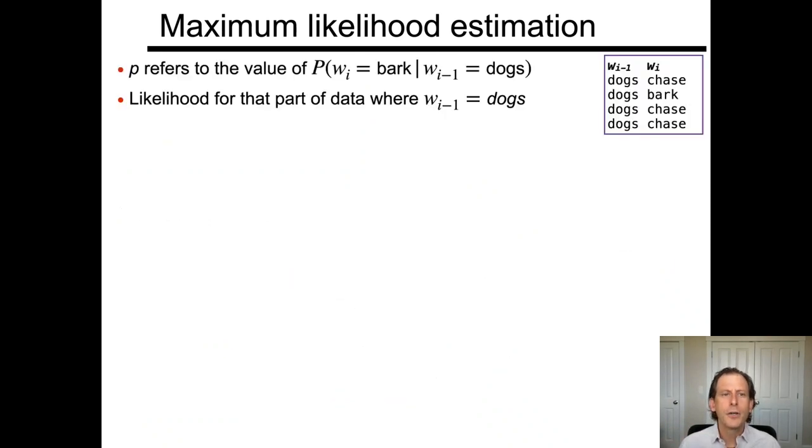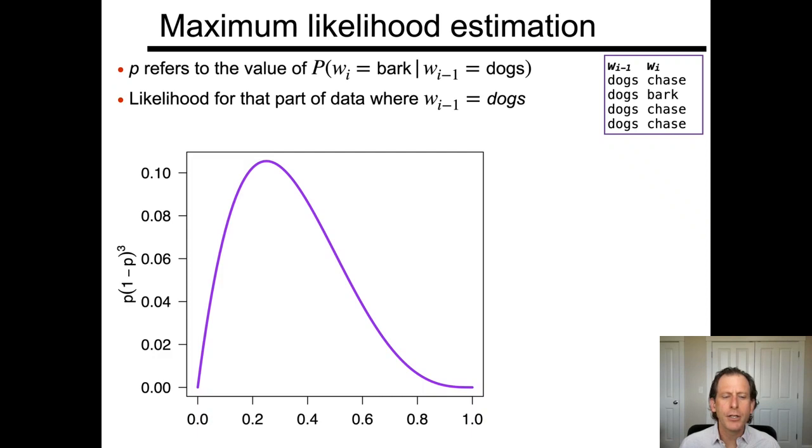Okay, so I have this situation. With maximum likelihood estimation, I take the likelihood, which I've encountered before in the context of Bayesian inference, and I now think of it as a function of the parameter or parameters that I'm interested in estimating. In this case, the parameter is the probability p that, given the previous word was dogs, the next word will be bark.